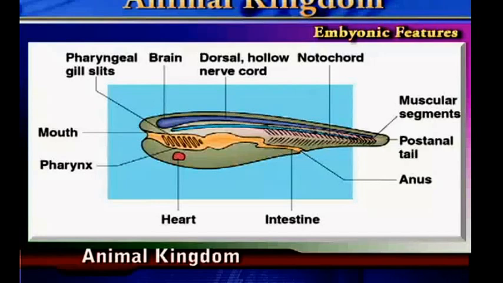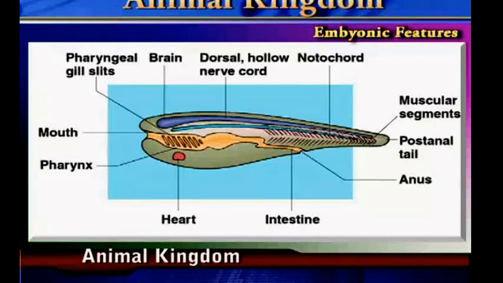And then the third one is that at one stage in their embryological development, they have pharyngeal gill pouches. And then they also have the tail.